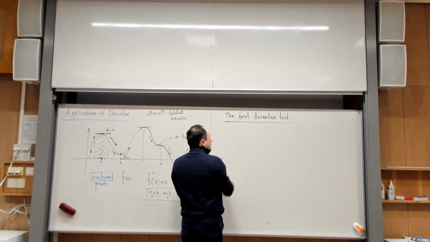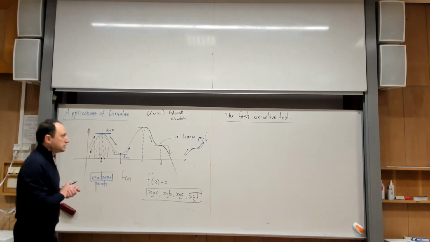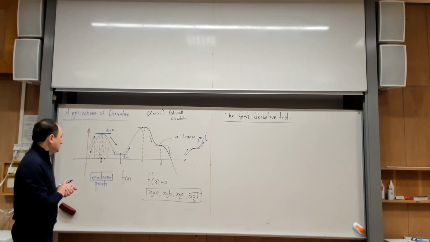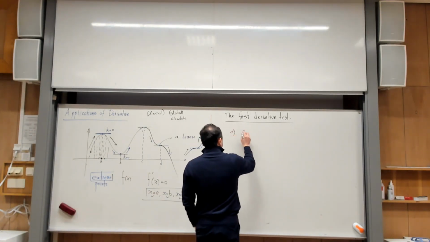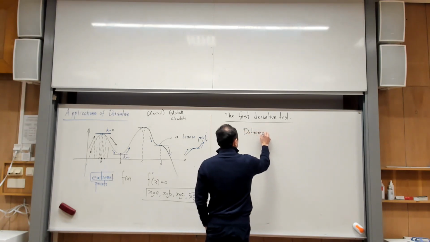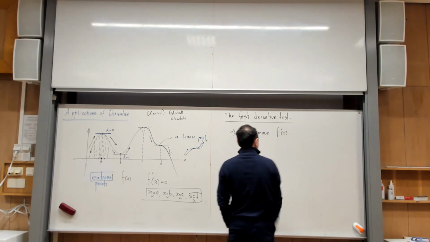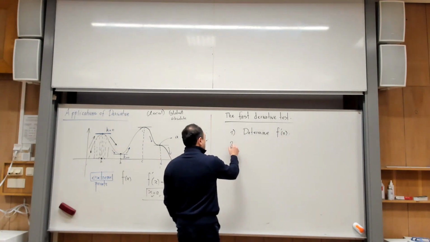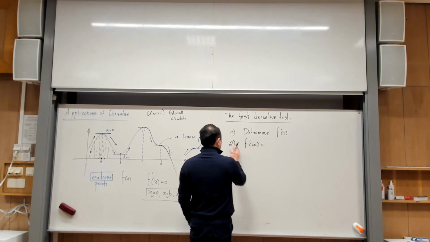So if you want to find local extreme points of a function, what you do, the first thing is to determine f prime of x. Second stage is to do what? To find the zeros. So let me write.